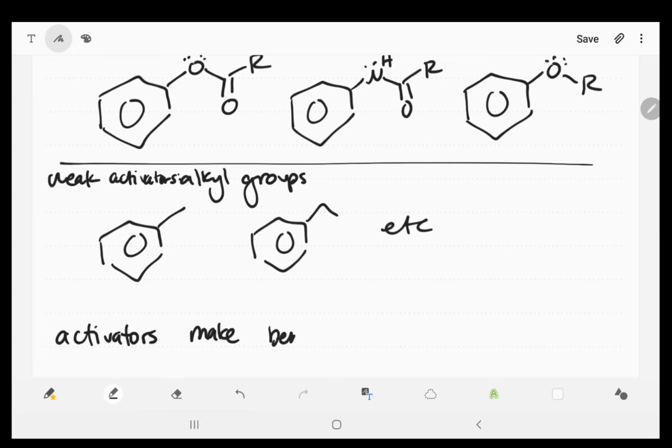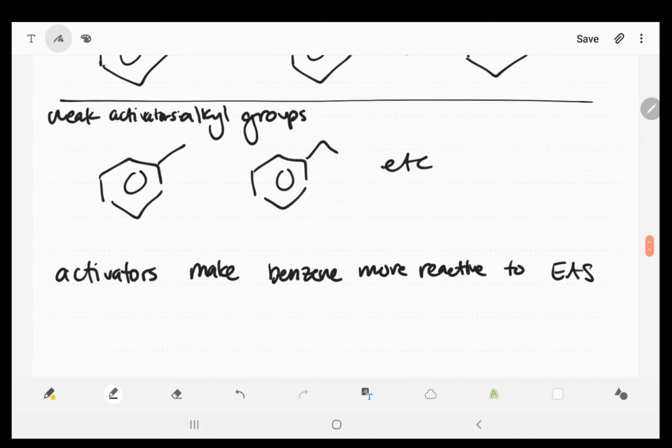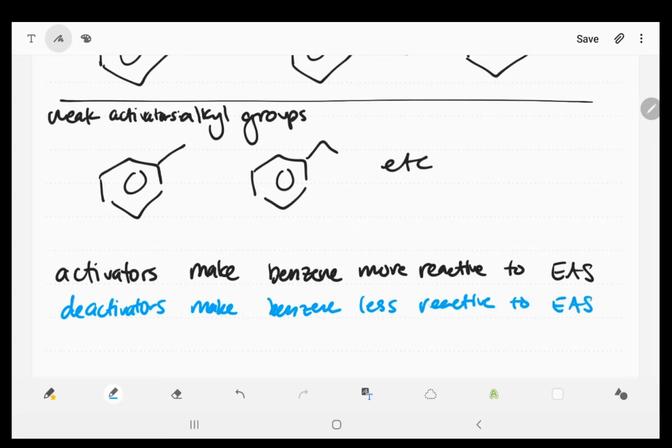They make your benzene more reactive to electrophilic aromatic substitution. And we're going to see it'll be the opposite for deactivators, which we'll see next. So electrophilic aromatic substitution, EAS. That's what that is. Okay.